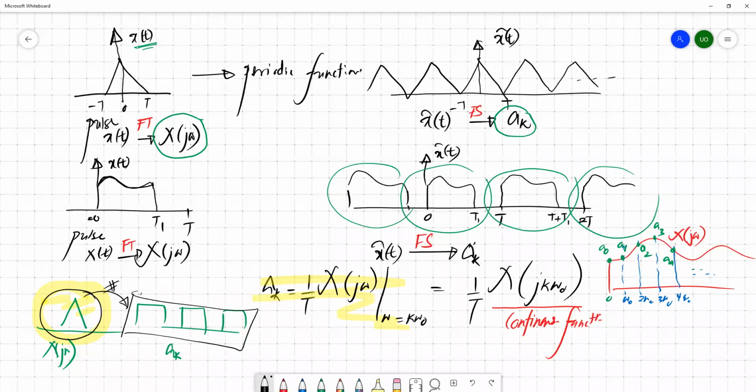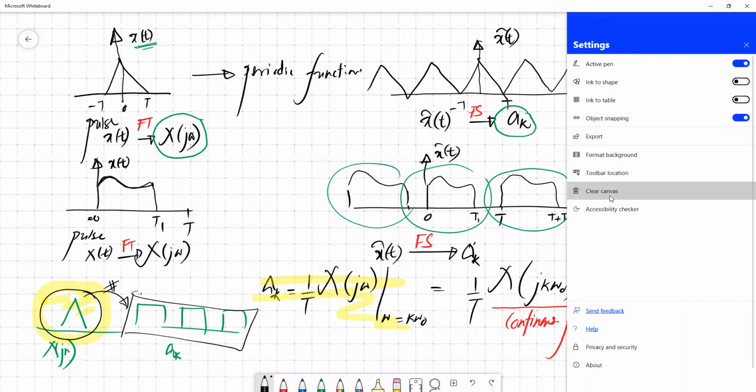If it is generated from this basic pulse, then you can get the Fourier series coefficients immediately. X(jω) is a continuous function. You discretize it, or sample it, at the rate of ω0, and then you can pick the Fourier series coefficients of that function.